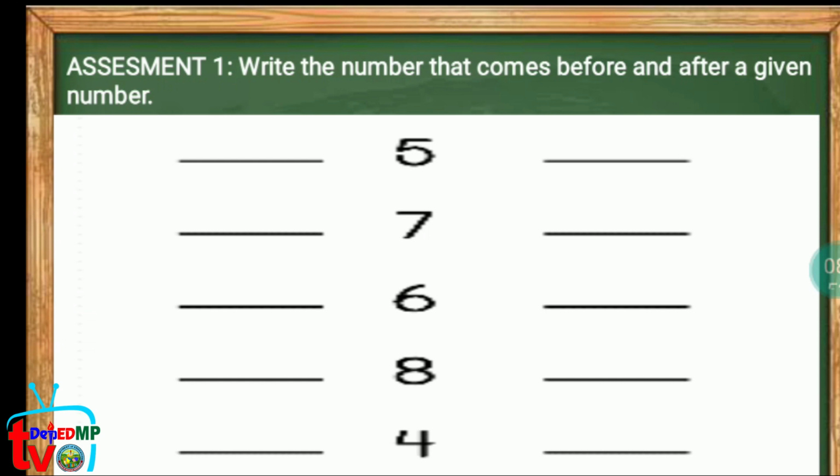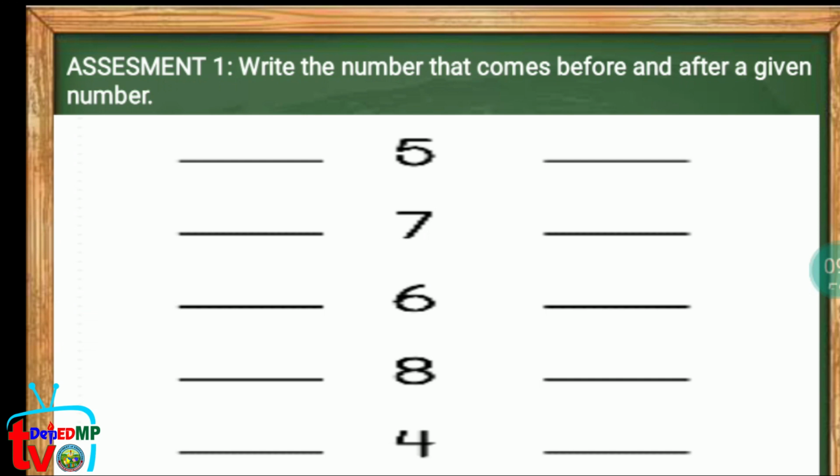Assessment 1. Write the number that comes before and after a given number. What number comes before 5 and after 5? What number comes before 7 and after 7? What number comes before 6 and after 6? What number comes before 8 and after 8?